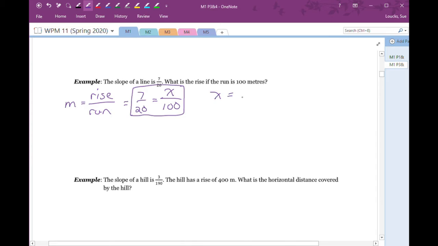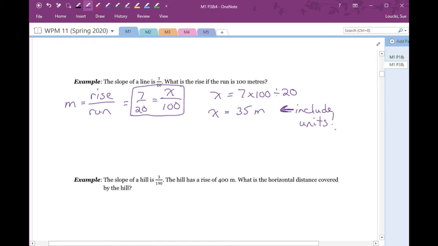X equals 7 times 100 divided by 20. So X equals 35 meters. Okay, we need to include the units. Oops. Include units.